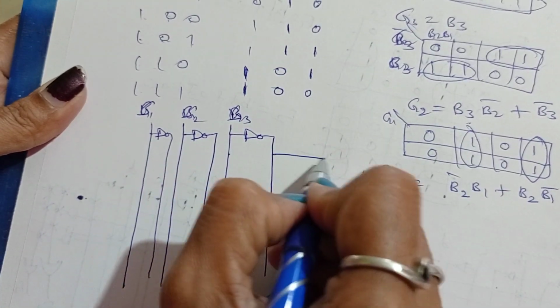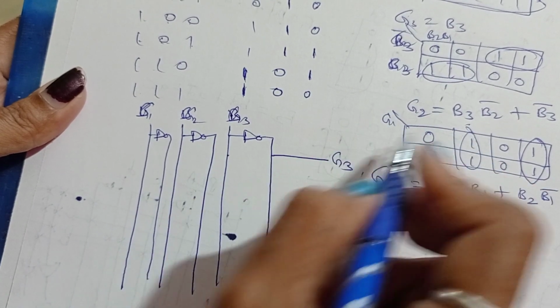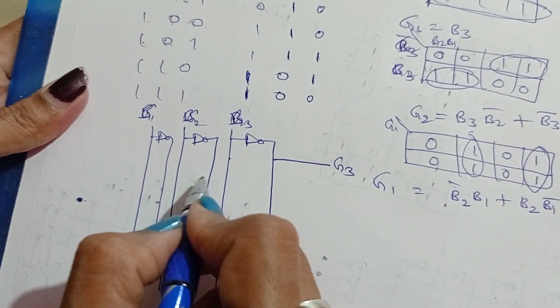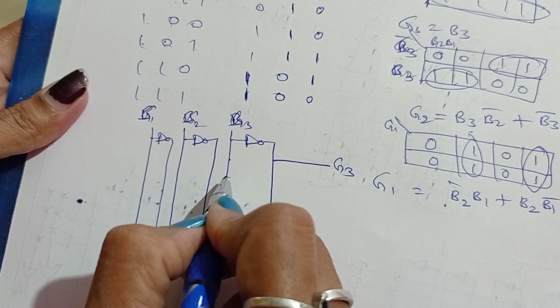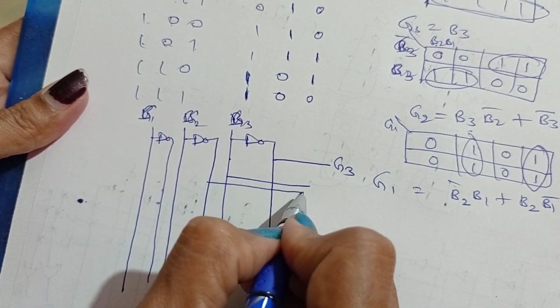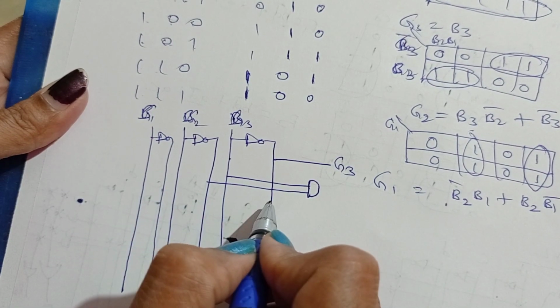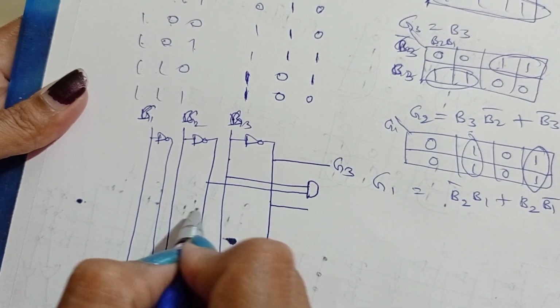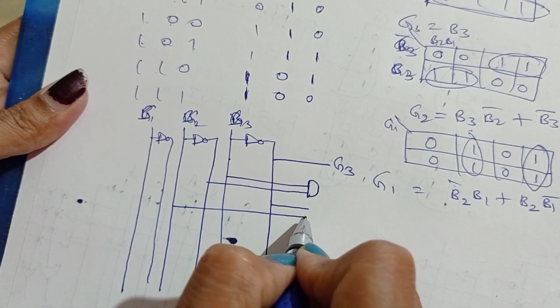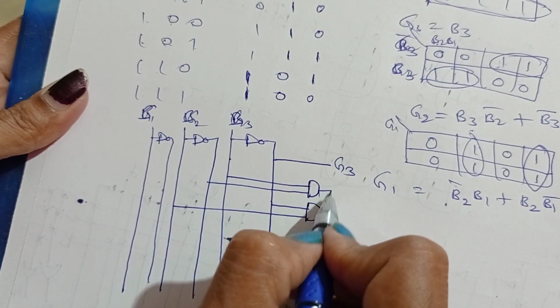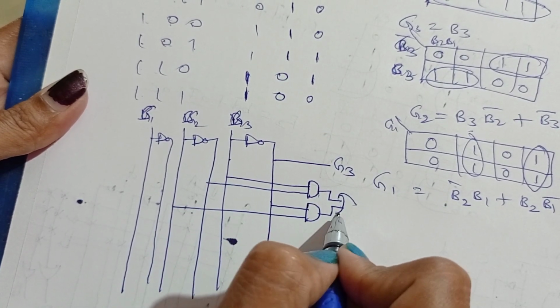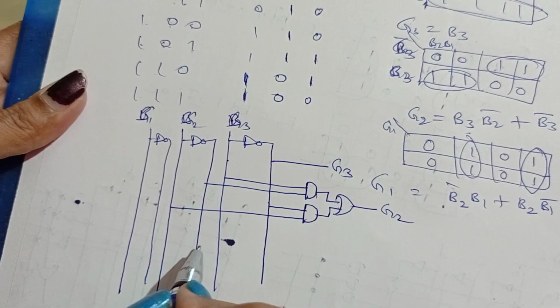G3 is direct B3. Next G2, that is B3 bar, B2 AND gate, plus B3, B2 bar AND gate. Use OR gate. This becomes G2.